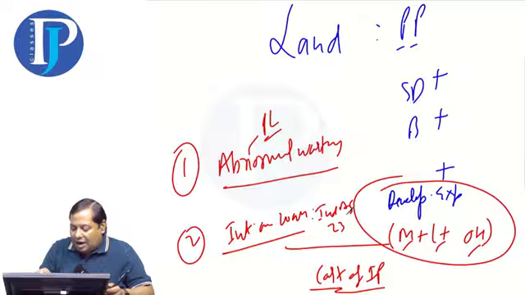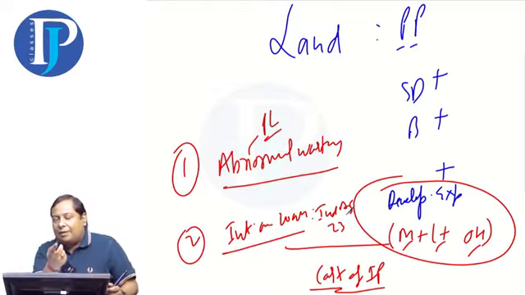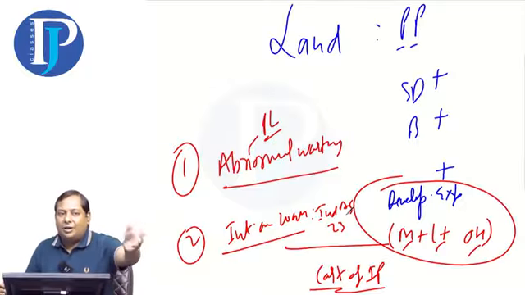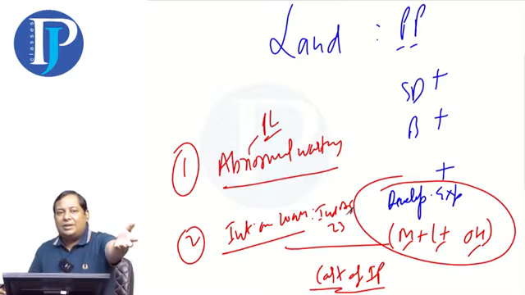Now you might be thinking why I did not mention this in the purchase. Because when purchasing, your interest cannot be capitalized because your asset is ready for use. You purchased a ready-made asset. So it's not taking time to prepare that. It's ready for use, so you can't capitalize interest.